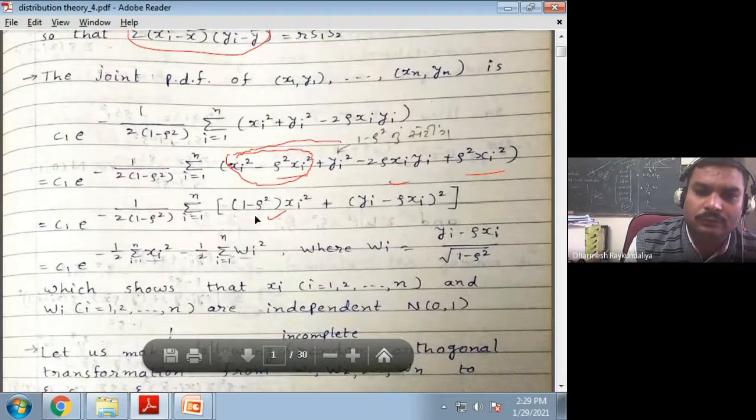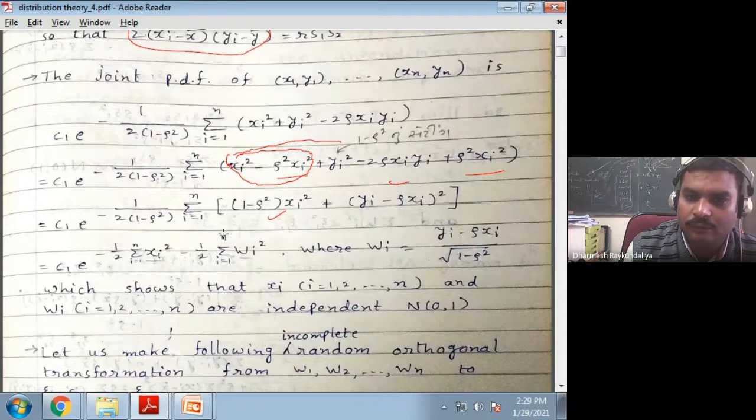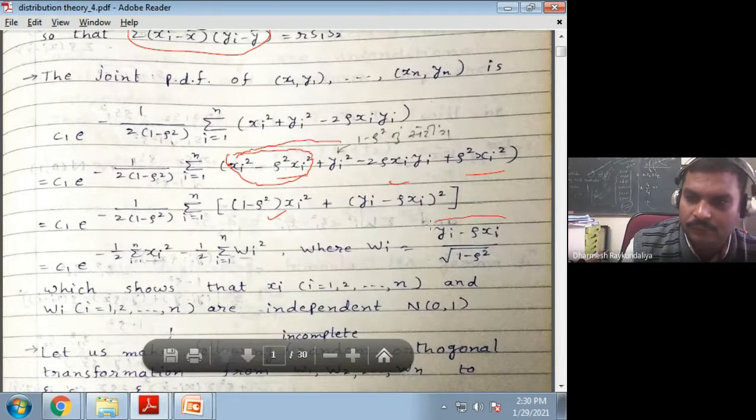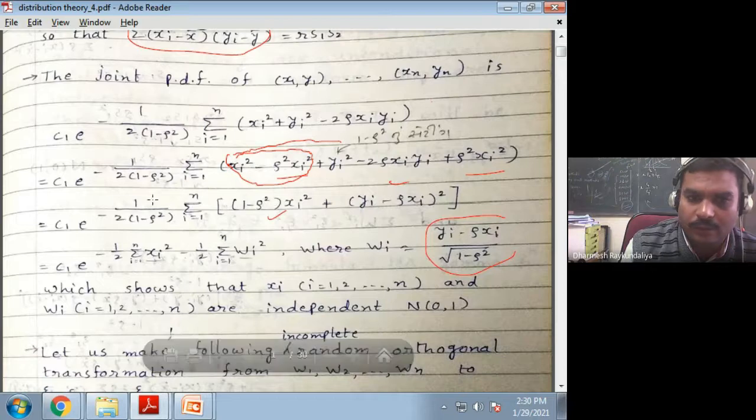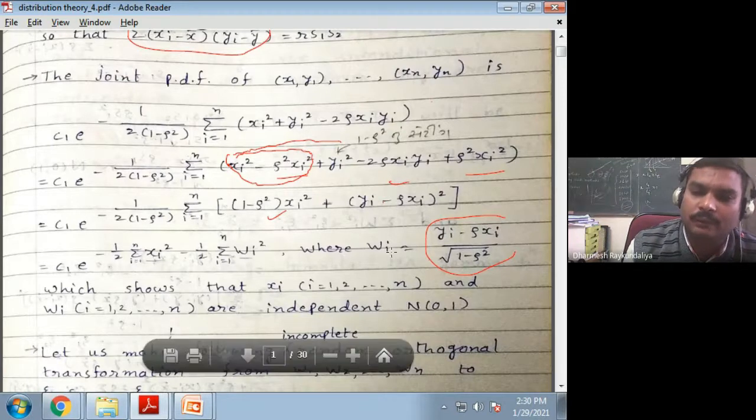So I can write it separately as e raised to, so this 1 minus rho square will be cancelled out, so it is e raised to minus half summation xi square, and if I say that (yi minus rho xi) upon root (1 minus rho square) is wi, then this is nothing but e raised to minus half wi square.